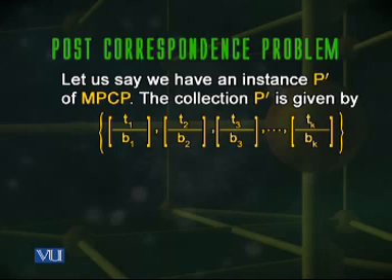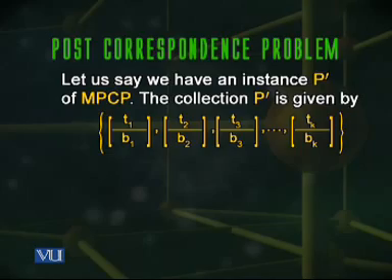So we have P prime, a collection of dominoes, and let's say this collection is given by the first domino has T1 at the top and B1 at the bottom. The second domino has T2 at the top and B2 at the bottom, and so on. And the collection consists of K dominoes with TK at the top and BK at the bottom in the last domino.